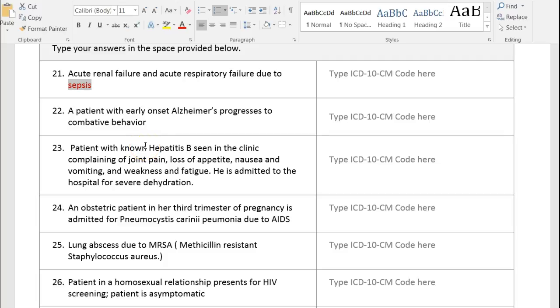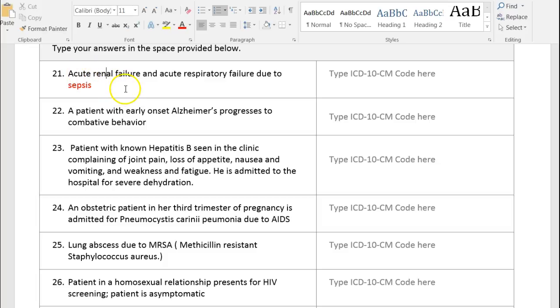Okay, so sepsis, that's your main term in this scenario, your first main term. So we have sepsis in general, and then we can also say that sepsis will also be considered severe because it's causing renal failure.